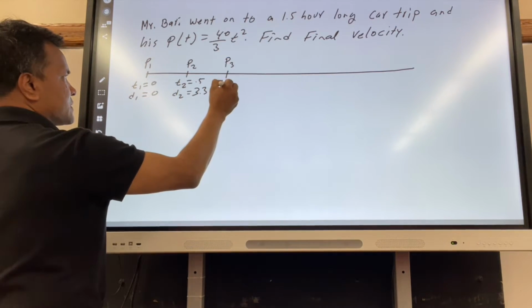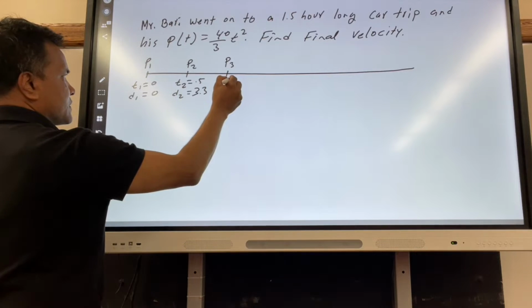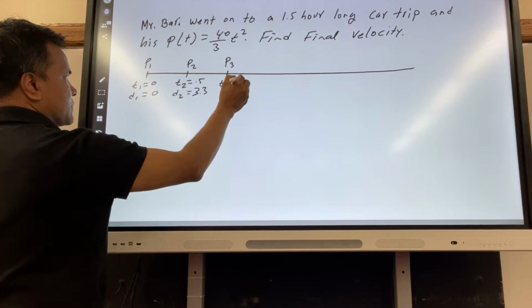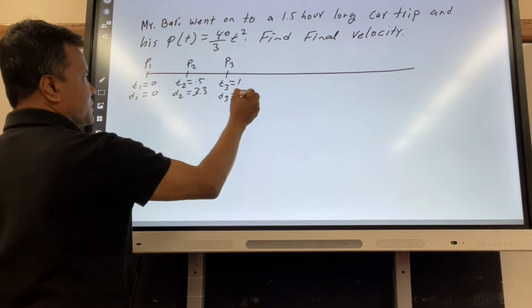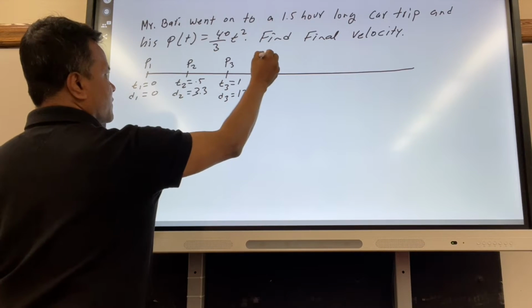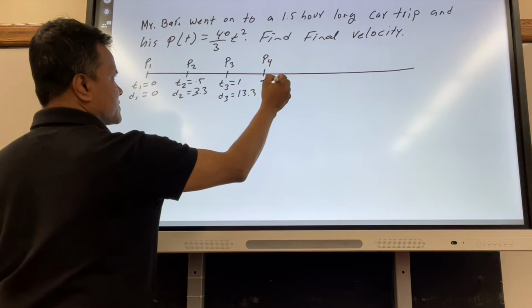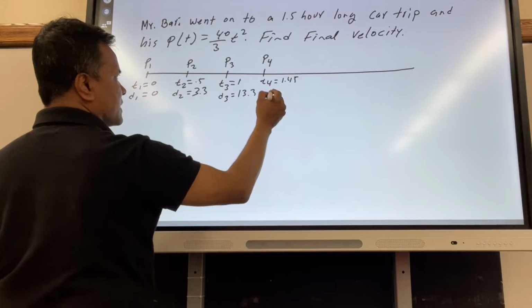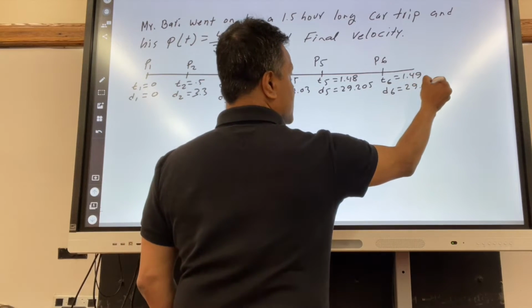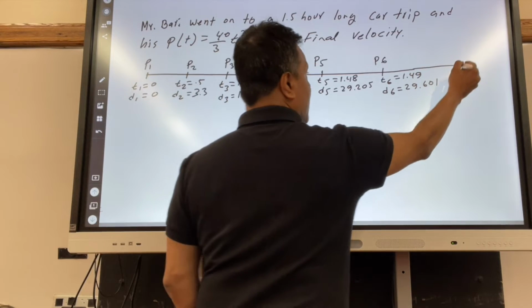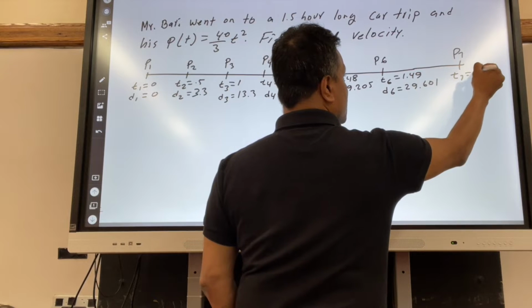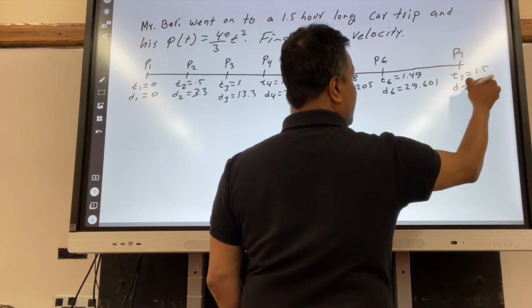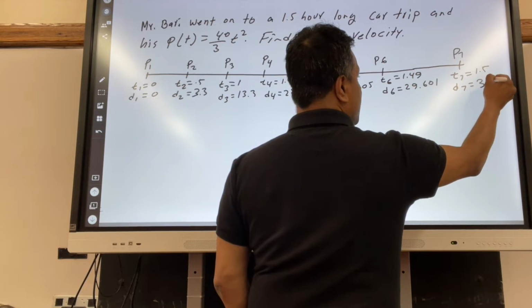We're going to call t3 is equal to 1 and d3 is equal to 13.3. Point 4, we're going to call t4 is equal to 1.45. And then finally we're going to have point 7. t7 is 1.5 and d7 is of course 30.